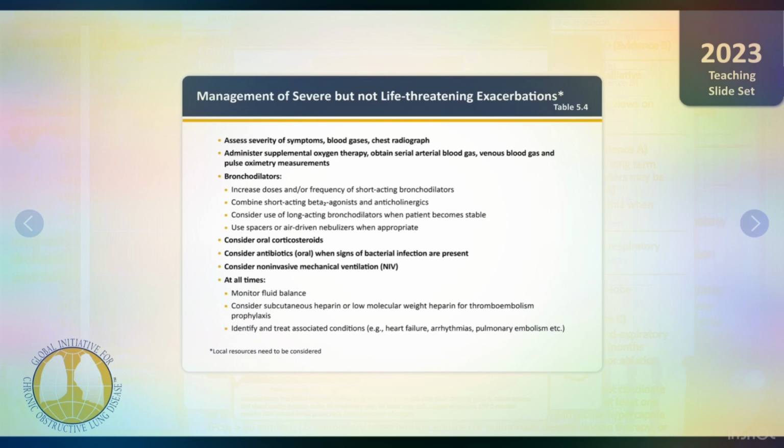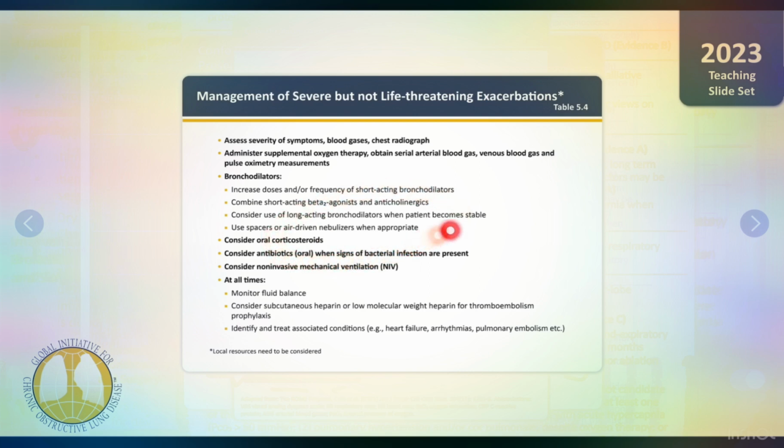After that, they are telling about the management of severe but non-life-threatening exacerbations. Assess the severity of symptoms, blood gases, and we should do a chest X-ray. Then we should administer supplemental oxygen, obtain serial ABG and venous blood gas, and do pulse oximetry measurements. Then bronchodilators: increase the dose or frequency of short-acting bronchodilators, combine short-acting beta agonist and anticholinergics. Consider the use of a long-acting bronchodilator when patients become stable.